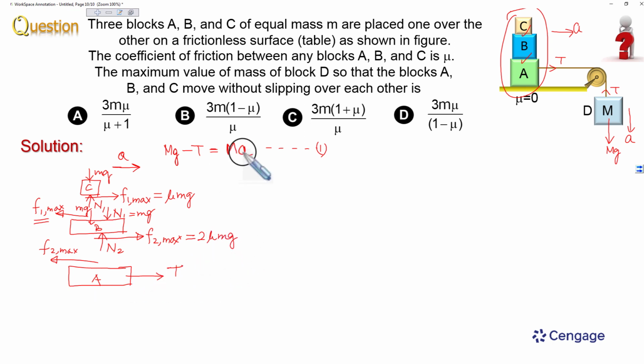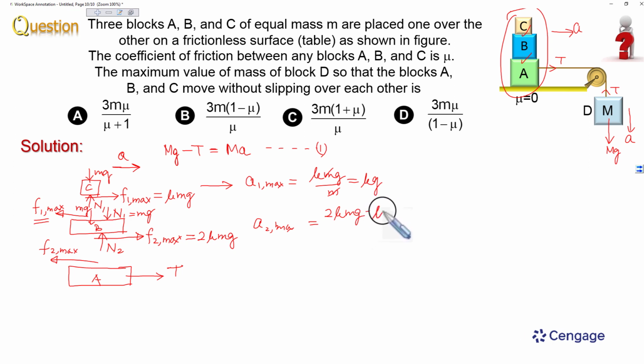So the maximum possible acceleration of block C should be equal to mu mg divided by small m. We can write A1 max equal to mu mg divided by small m, where m will get cancelled. So this will be equal to mu multiplied by g. Here also A2 max should be equal to 2 mu mg minus mu mg, divided by small m.